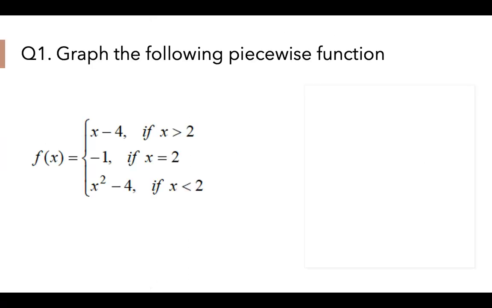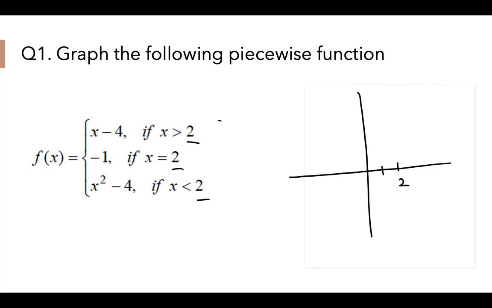Let's take a look. Graph the following piecewise function. We are given three different formulas under the same domain boundary, which is important to check. I'm going to draw the grid and label 2. This is the area I have to pay attention to.